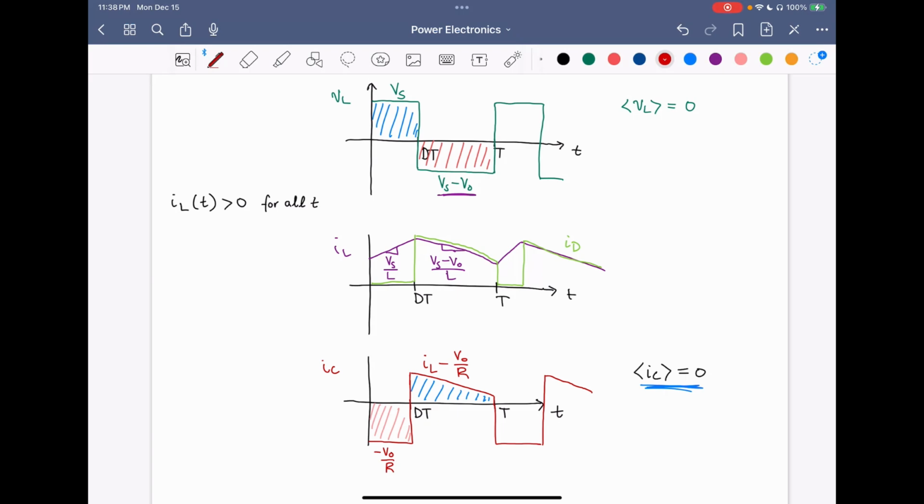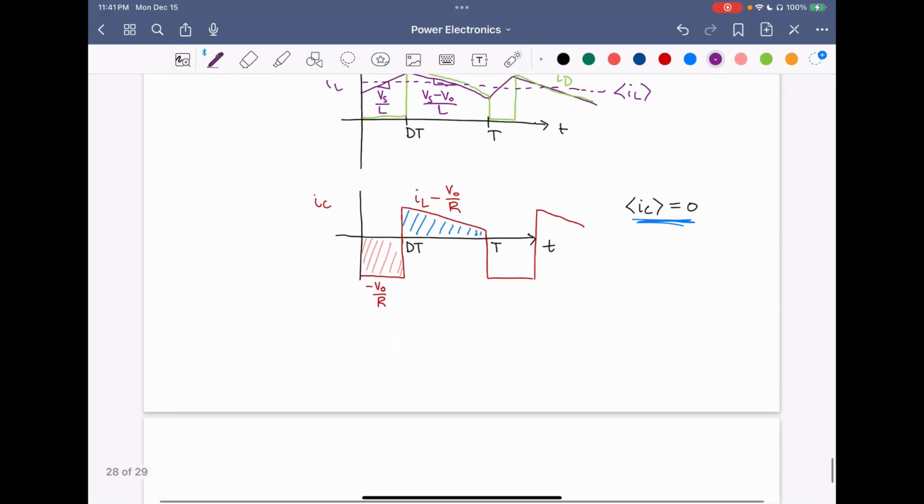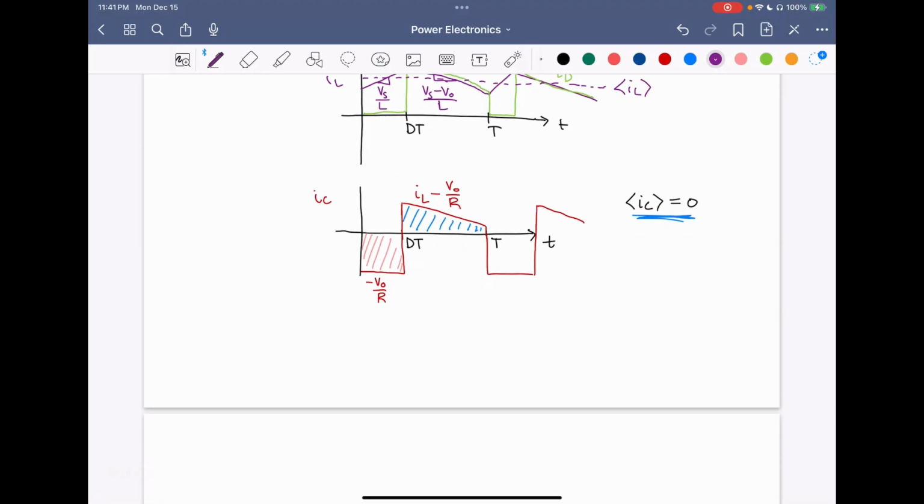And the next step is we want to quantify what the average inductor current is. So what is this average inductor current here? So we can go ahead and find the average inductor current IL here by using the fact that our assumption we had the input power is equal to the output power.